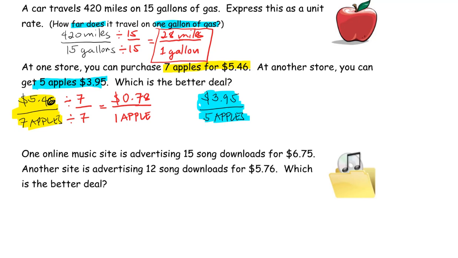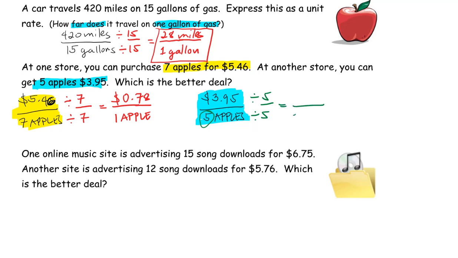So remember that if we're talking about money, we should place our money on top, or the numerator. So I'll be dividing this by 5, because my denominator contains the value of 5, so that's why I'm dividing both the numerator and denominator by 5.